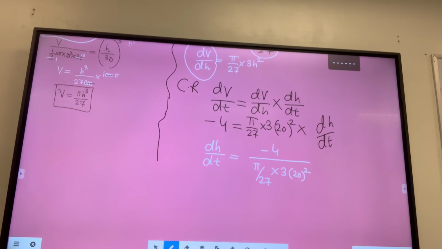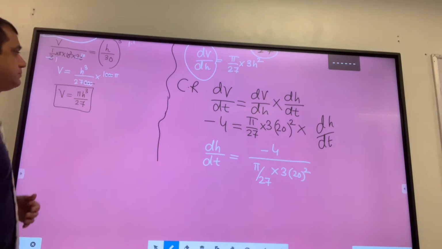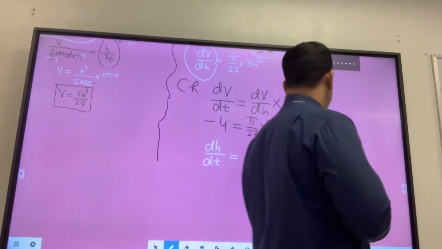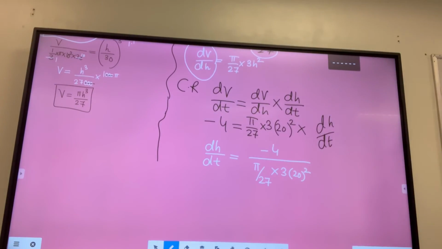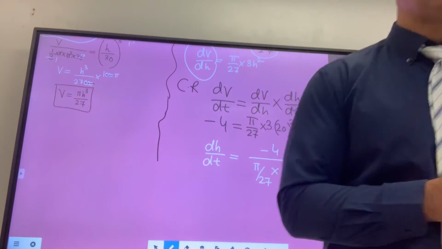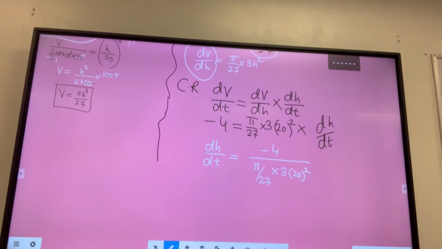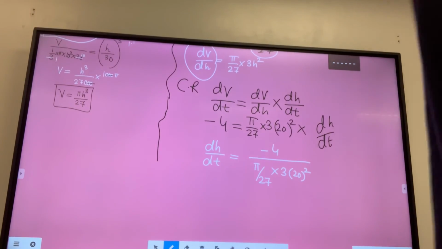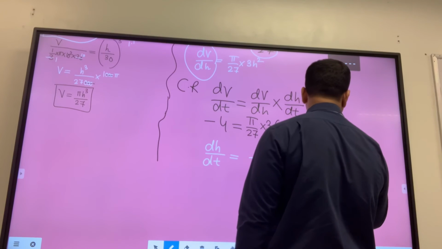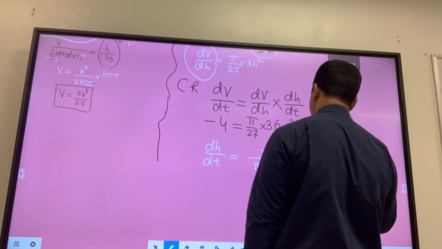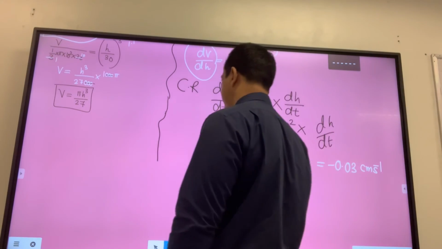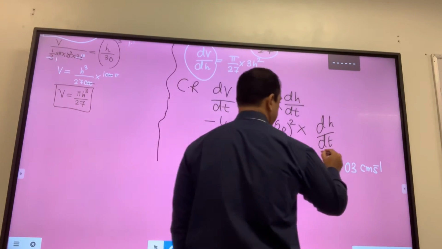What is dh dt? -0.03. So this is -0.03 centimeter per second. So should I put in the box?